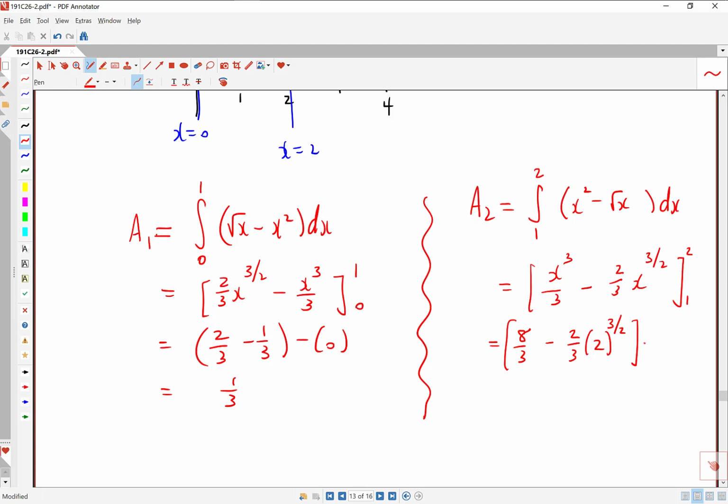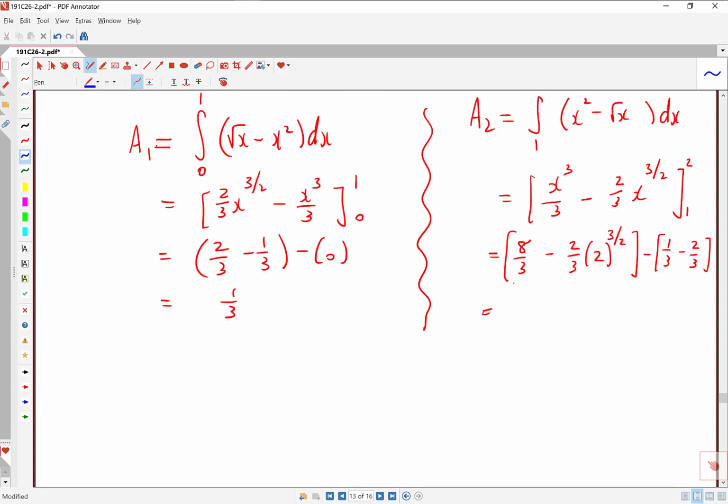And then we still need to subtract off the value at 1. So at 1, we'd have 1/3 minus 2/3. So if you just look at 8/3 minus 1/3 plus 2/3, that portion there works out to 3. So you'd have 3 minus this messy 2/3 times 2 to the 3/2.